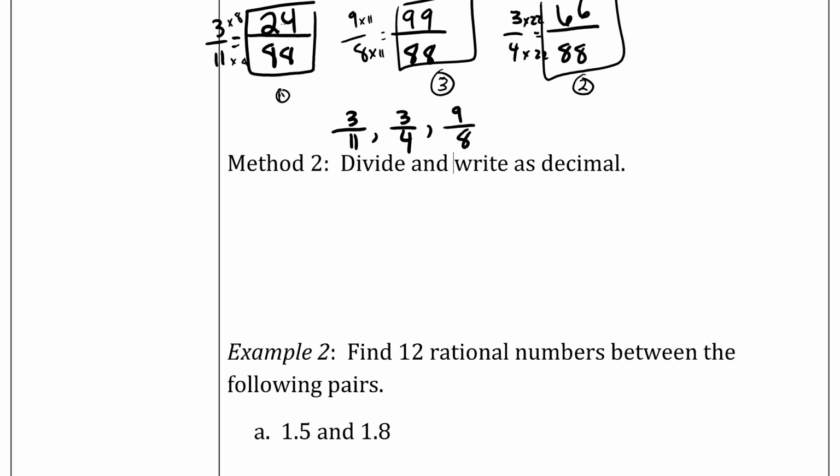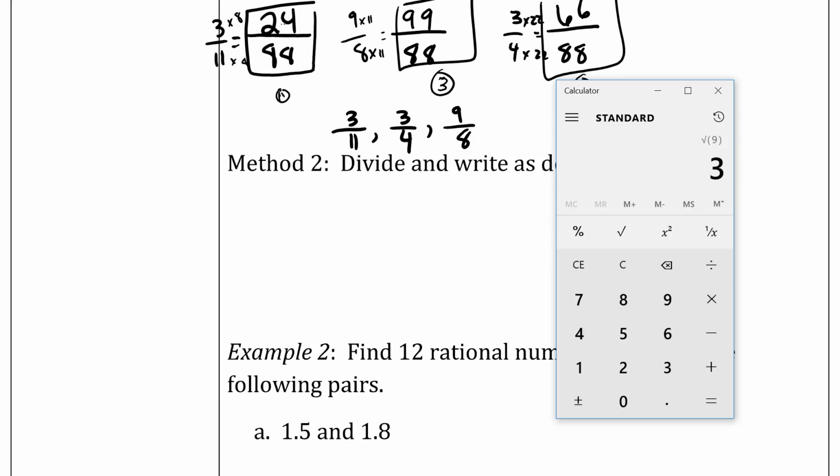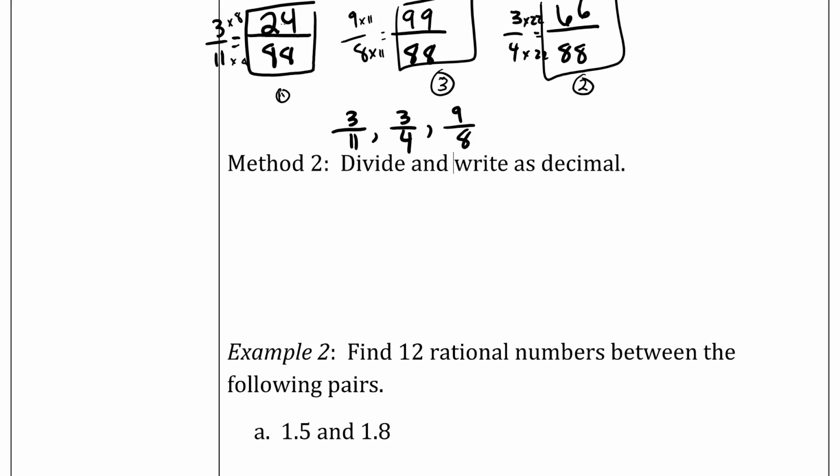All right, method 2, you guys are going to love. I'm going to clear this from before. 3 over 11 as a decimal is 0.2727272727, so I'm going to say 3 over 11 equals 0.27 repeated. 3 over 4 is 0.75.